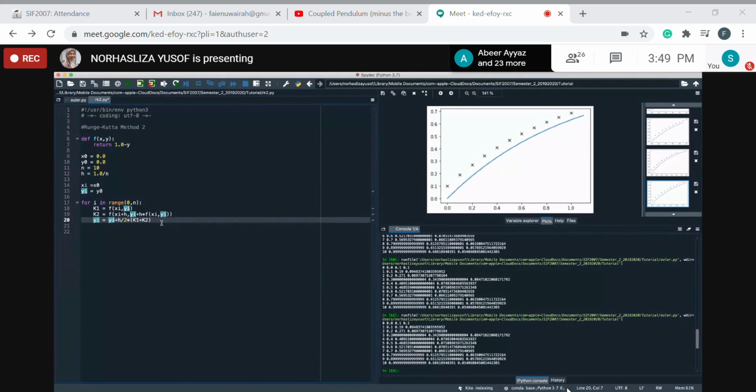This one is something like this. Let's see. If it's not working, then we are going to use the normal one that I always do in Euler's method. It's just that we define different variables. So you just print the result.